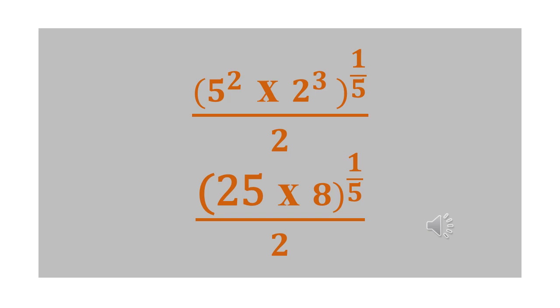From here we can just square the 5, which is 5 times 5, 25. Cube the 2, that's 2 raised to power 3, 2 times 2 times 2, that's 8. That will now give us 25 times 8 in brackets raised to power 1 over 5 all over 2.